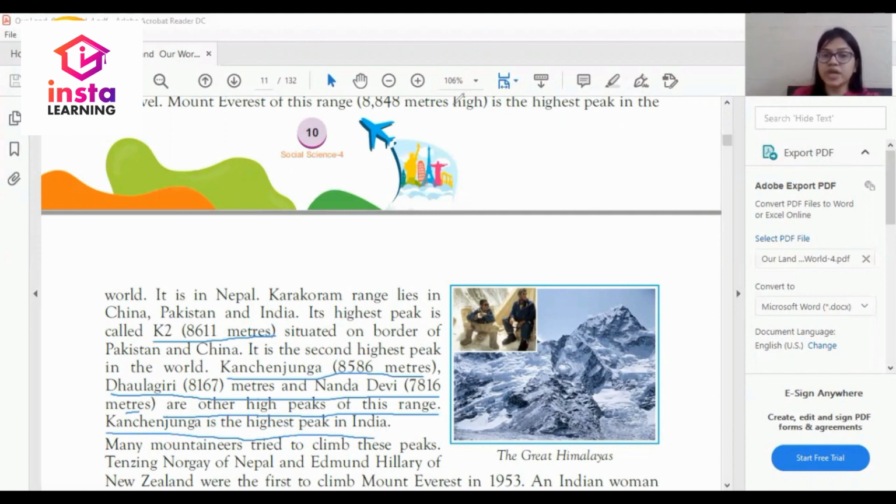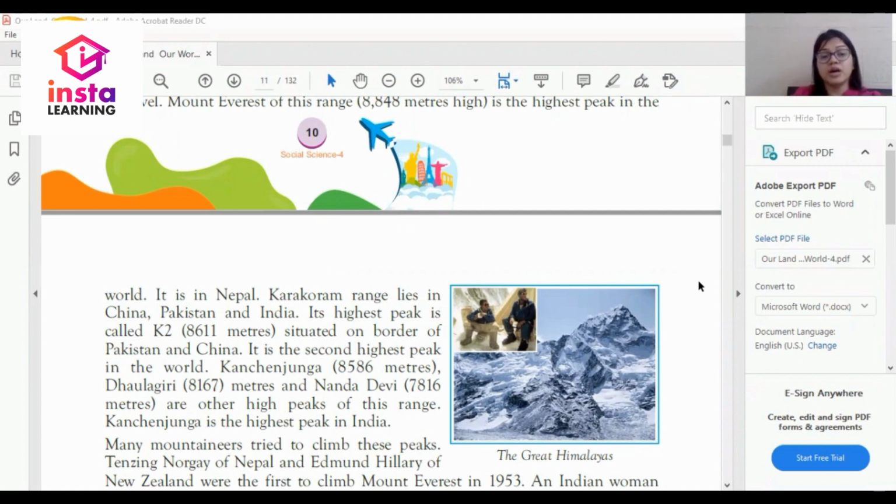तो इंडिया की सबसे हाईएस्ट पीक इस रीजन की कौन सी है? ग्रेट हिमालयस रीजन की कंचनजंगा. सो ये स्टूडेंट, वर्ल्ड में सबसे ज्यादा हाईएस्ट पीक किस एवरेस्ट की है? माउंट एवरेस्ट की, which is in Nepal. And the second highest peak is K2.